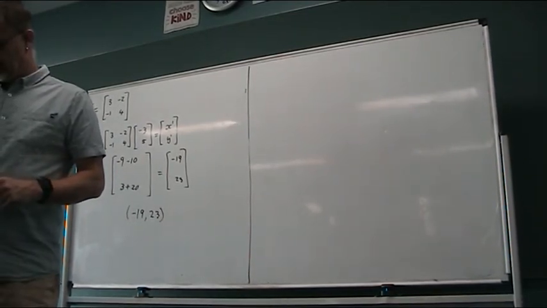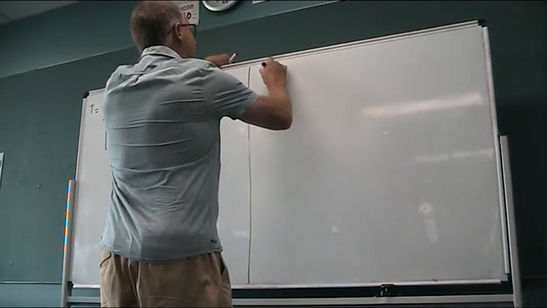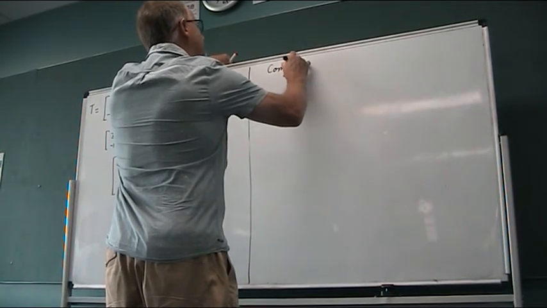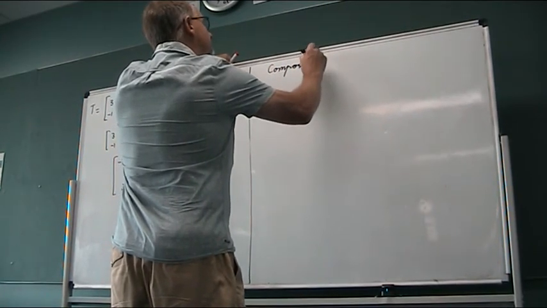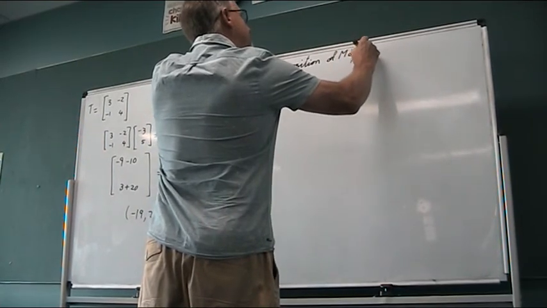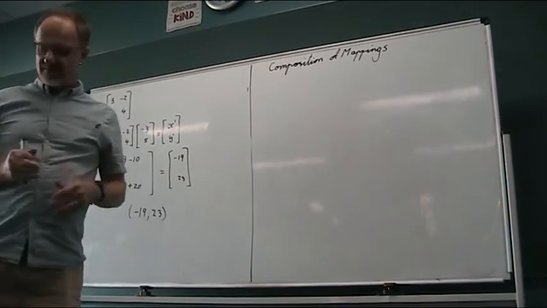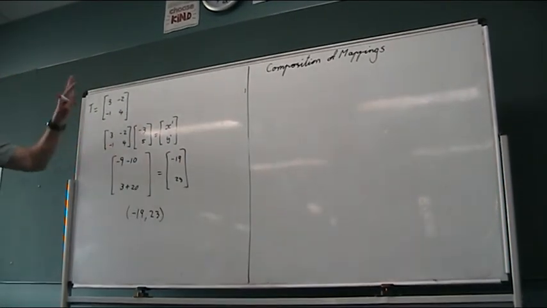All right. So, composition of mappings. So if we've got more than one thing, so like that one we just did's got a whole bunch of stuff in it.